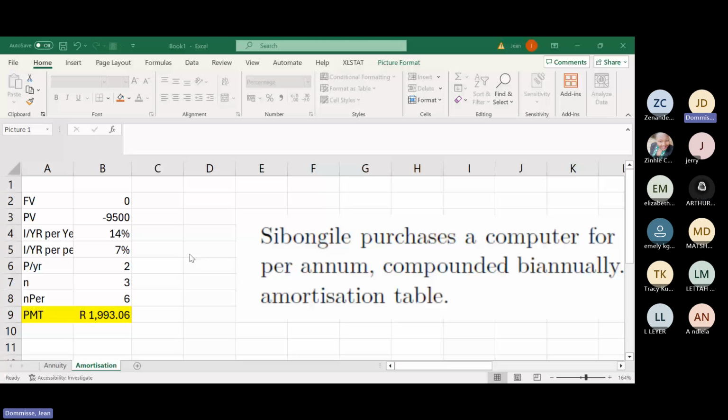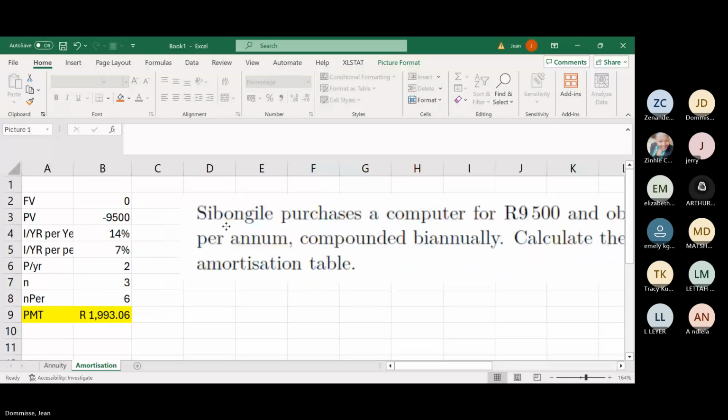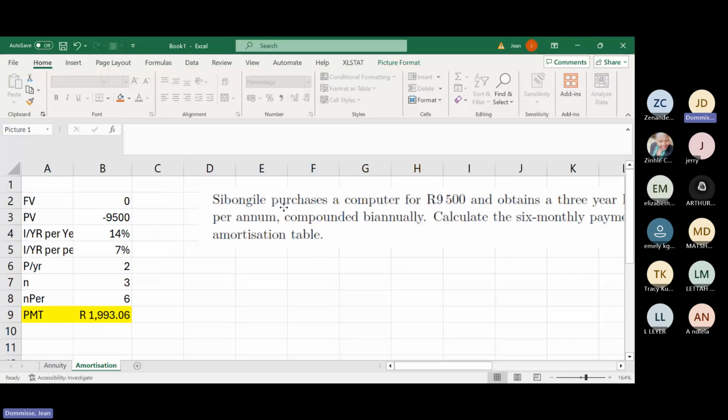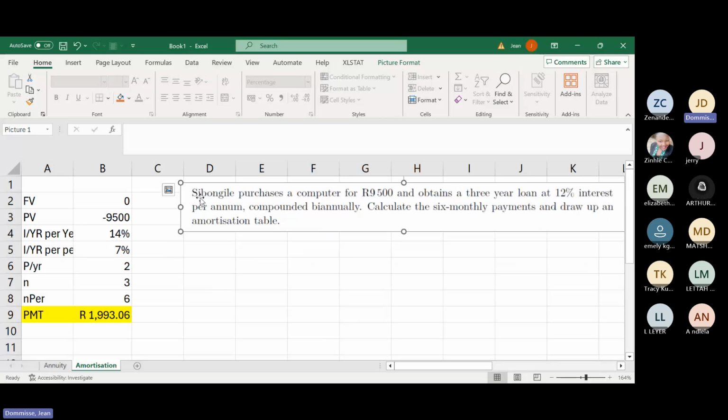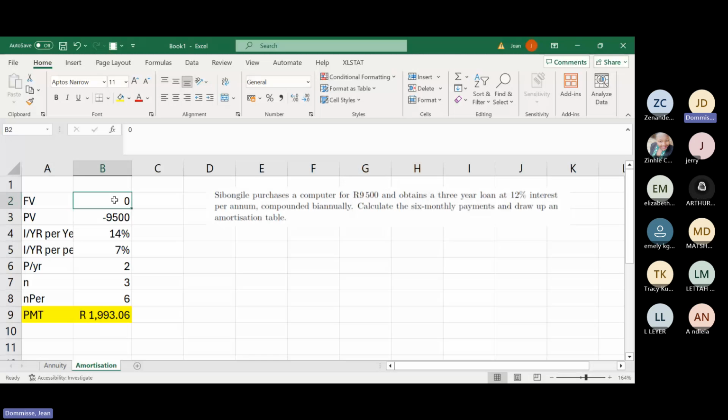So let's look at Excel again. We looked at the sum where we said by borrowing the money, it was 9,500. So future value is 0 because it's a loan, so we pay it off. There's no end value. Present value will be 9,500. The interest rate was 12%.